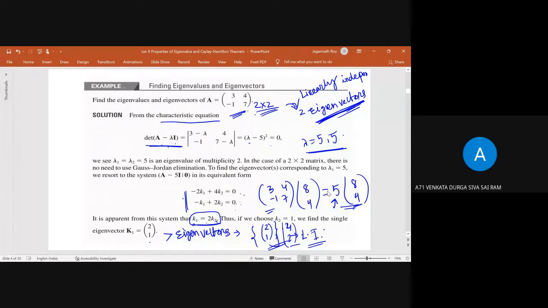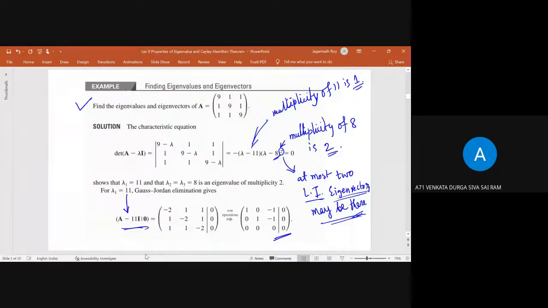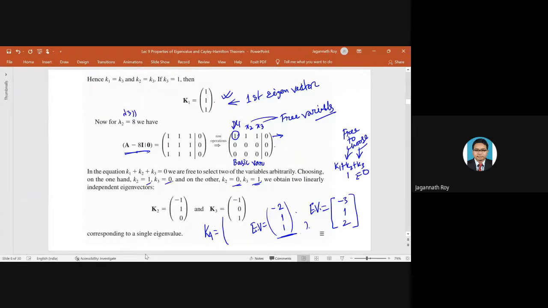Yes, tell me. For lambda equal to 11, we had found eigenvectors, sir. If we take k3 equal to 0, then k1 is all zeros, sir. For lambda equal to 11? Yes.